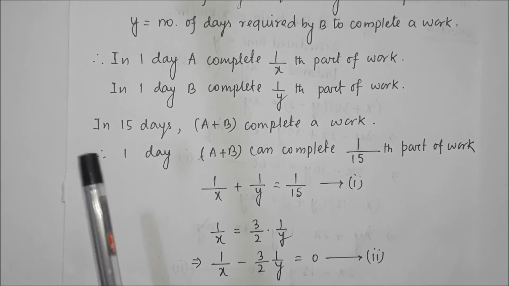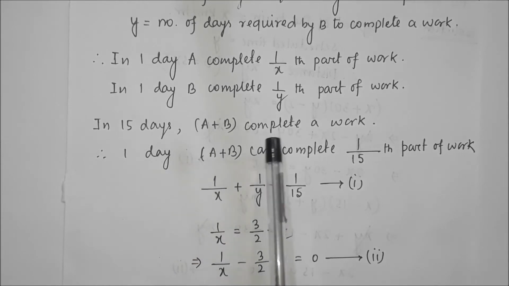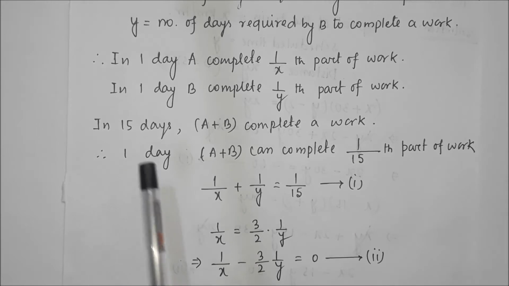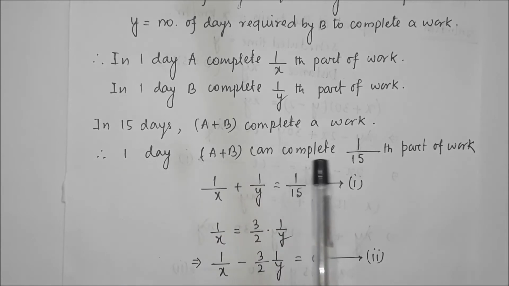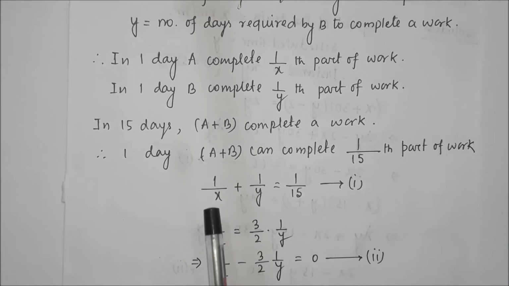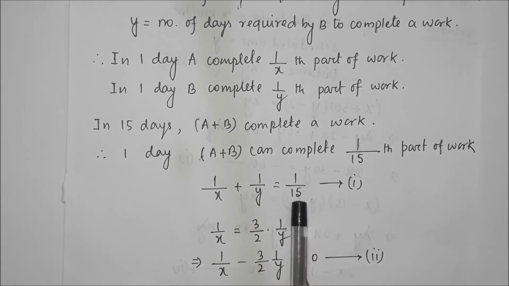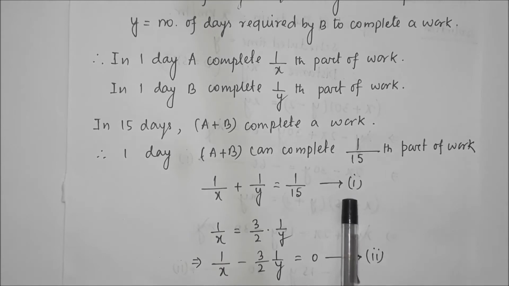Now it is given that 15 days are required by A and B to complete the work. So in 15 days A and B complete one work. Therefore in 1 day A and B can complete 1 by 15 part of the work. That means 1 day work of A plus 1 day work of B equals 1 day work of A and B. So we get our first equation.